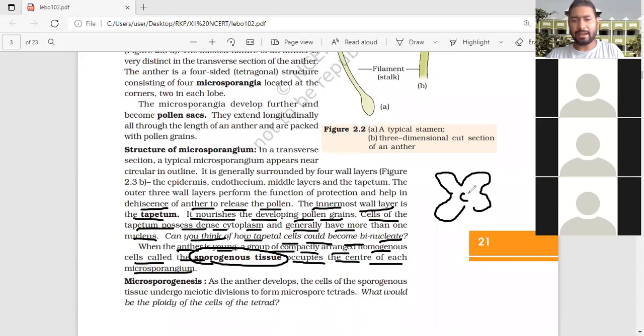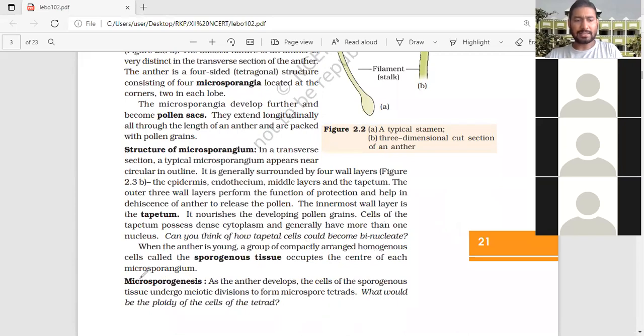So in the center they are filled with the sporogenous tissue. That term, microsporogenesis, means formation of the microspore.